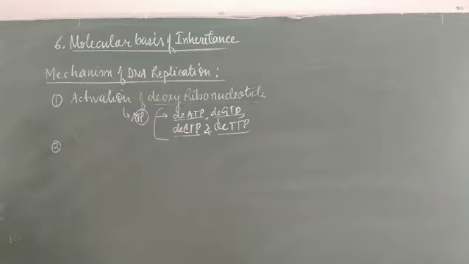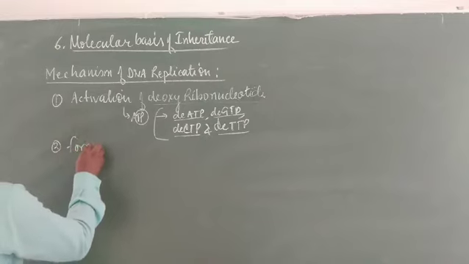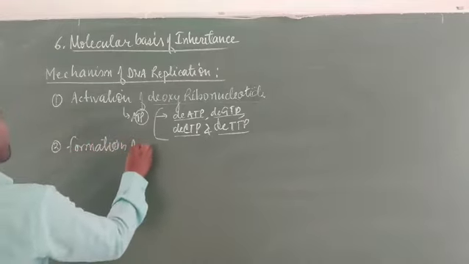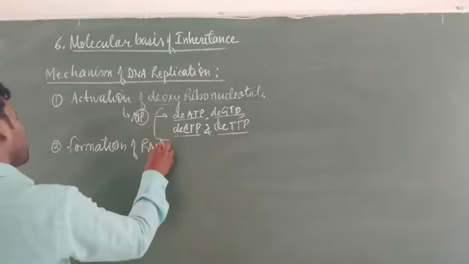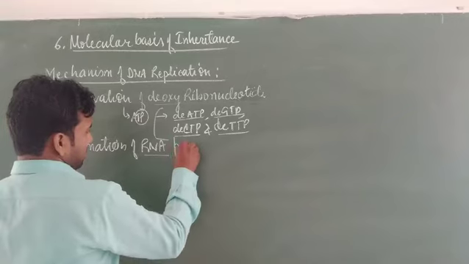The second part needed in the mechanism of DNA replication is the formation of RNA primer. The primer is a short polynucleotide chain. This is RNA primer, containing pentose sugar.